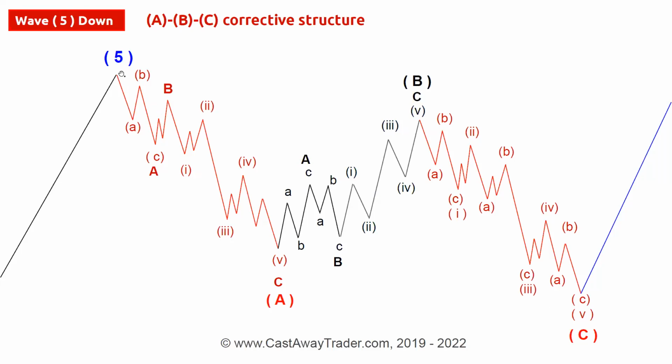The first leg is subdivided into 3 waves, A, B, C. The second leg up is subdivided into 3 waves, A, B, C, while the final leg down is the strongest one. It may take more time than the first wave down, and normally it comes as a stronger decline. So normally it is subdivided into 5 waves, 1, 2, 3, 4, and 5.